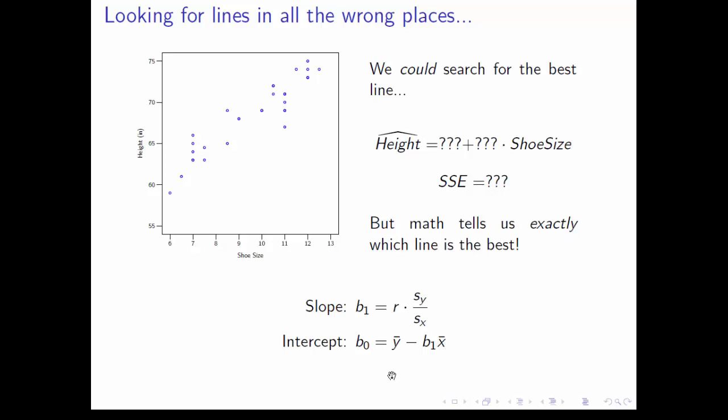Notice it depends on the standard deviations, the correlation, and the two means. Just knowing those five quantities, I can compute the slope and the intercept of the best line. The absolutely best line.